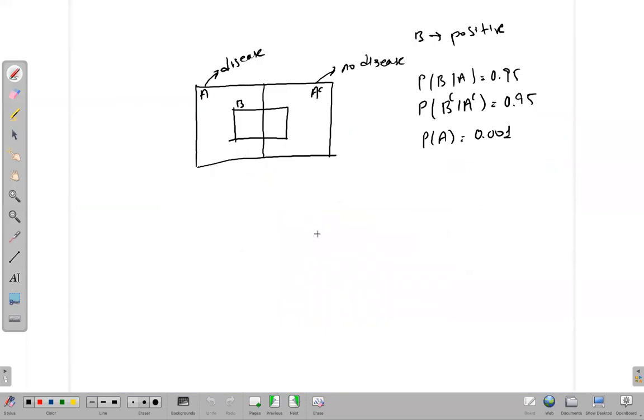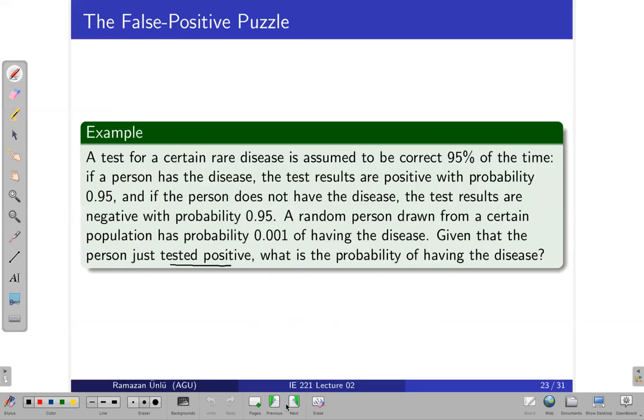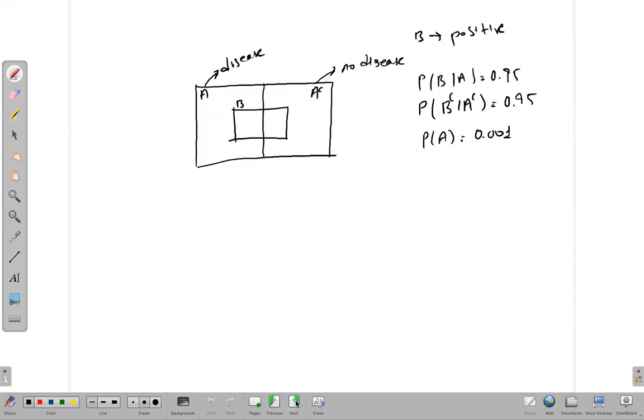Just a hint: given that the person just tested positive, what is the probability of having the disease? So we are asked for the probability of A given B, the test result is positive.